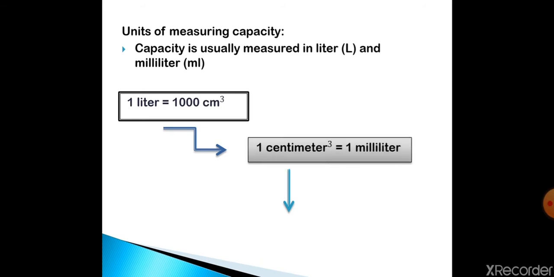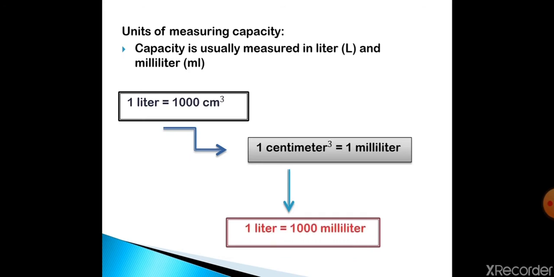As we said, the 1 cubic centimeter is already equal to 1 milliliter. Again, the 1 liter equals 1000 cubic centimeters, and as we said, the cubic centimeter is exactly the same as the milliliter, so we can replace the cubic centimeter with the milliliter. That means 1 liter equals 1000 milliliters.